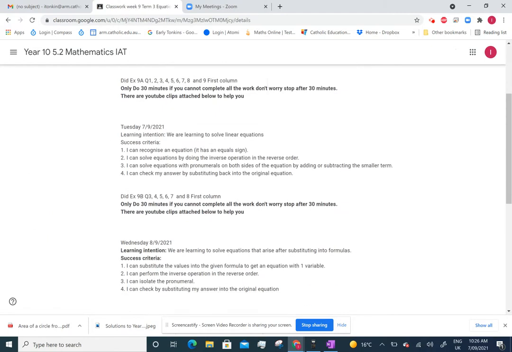So we're learning to solve linear equations. I recognise an equation. It has an equal sign. I can solve equations, and here's the key, by doing the inverse operation in the reverse order. I can solve equations with pronumerals on both sides of the equation by adding or subtracting the smaller term. We'll come to that in a minute. And remember, you can always check your answer by substituting it back into the original equation.